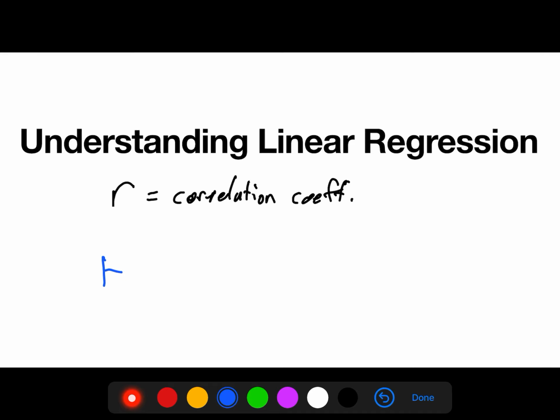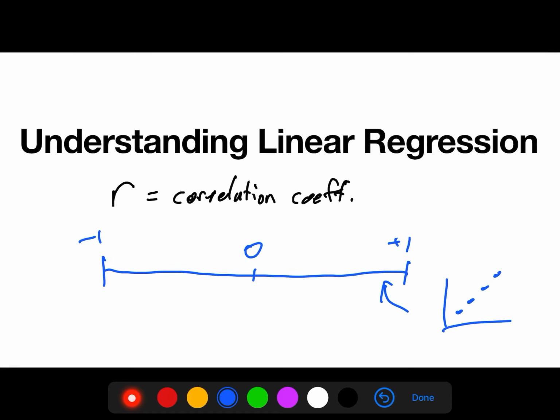Well, we know that R can be any number between -1 and +1. But what we also know is that +1 is highly correlated. And so things in this area will have graphs that look kind of like this, where they're growing. And the closer it looks to a line, the closer it is to +1.